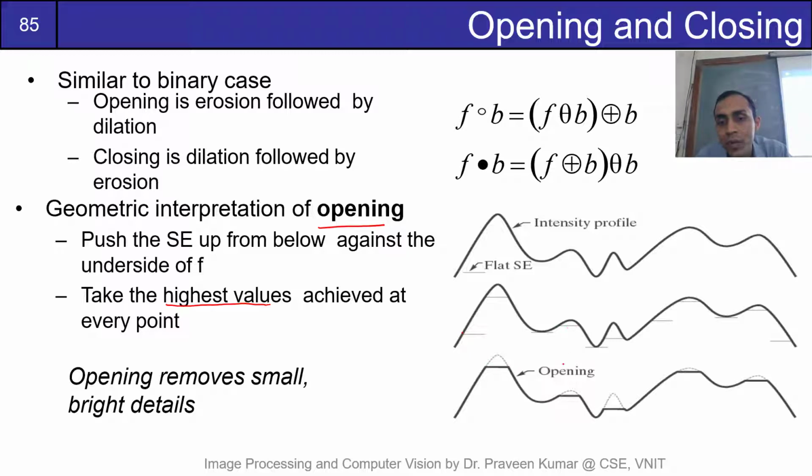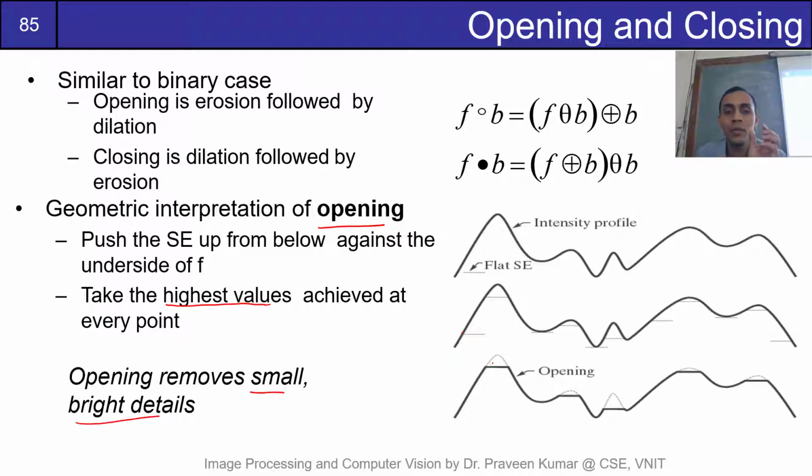This small one will get cut off again, this. As you can see, the resulting curve after doing an opening operation will be this curve. You can do it step by step, first erosion and then dilation, but I'm just showing you the resultant. The result in effect is that it will remove small bright details.